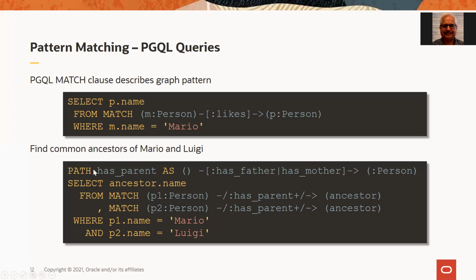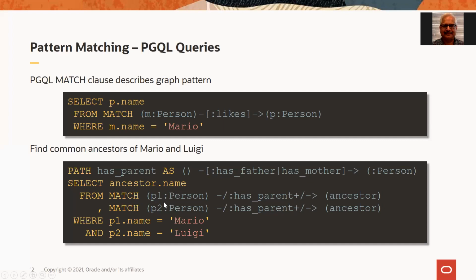And then using this path, we can then specify indirect relationships of one or more hops. So what this query says is we're trying to find all common ancestors, or to be precise, we're trying to find the names of all common ancestors using the following match query.